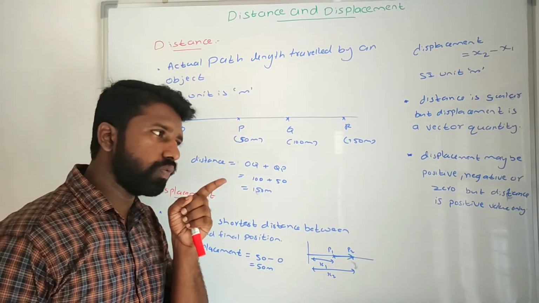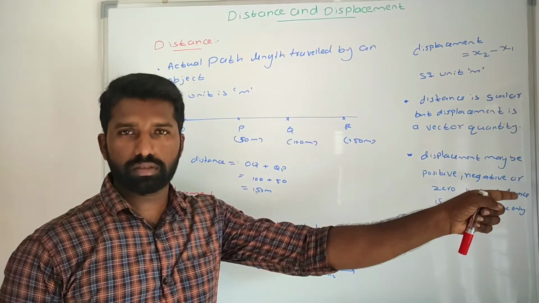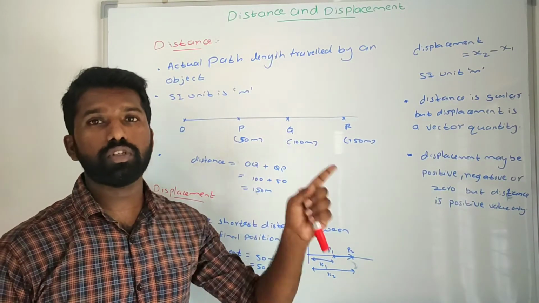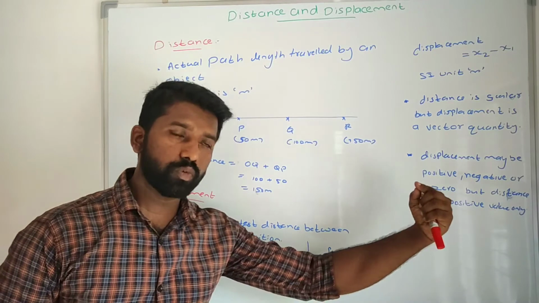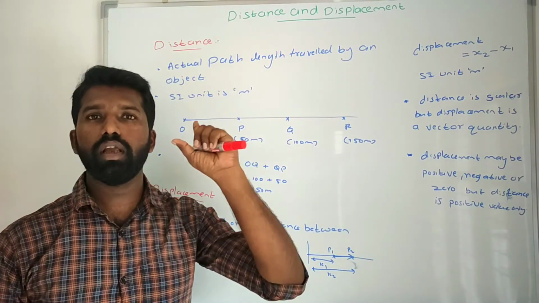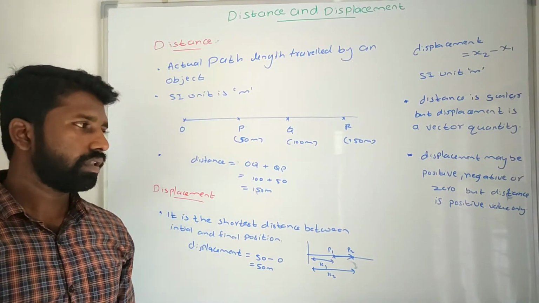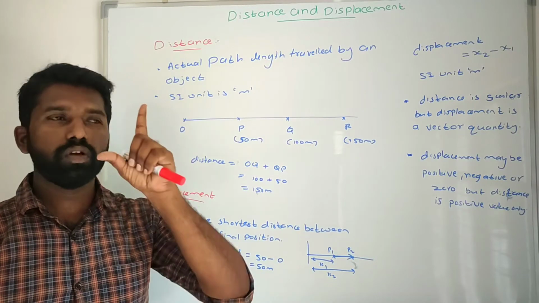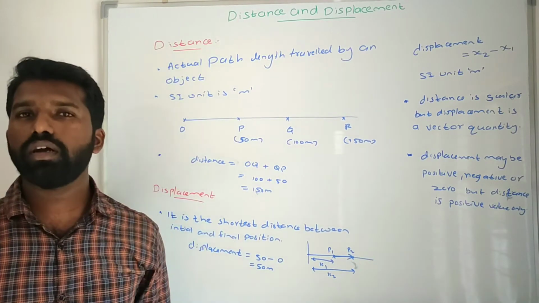If an object is moving toward the positive x-axis, we consider it positive. If an object is moving towards the negative x-axis, we consider it negative. That is the consideration we take in straight line motion, and by using that we specify the direction.